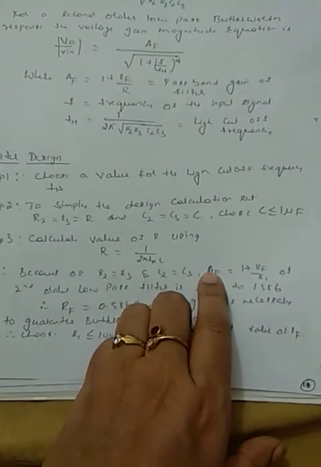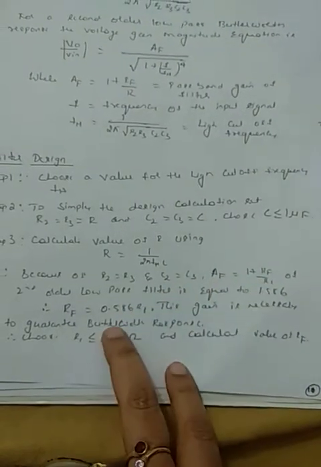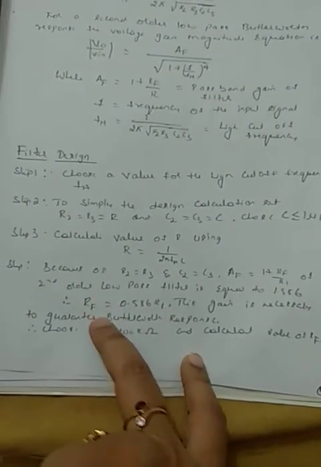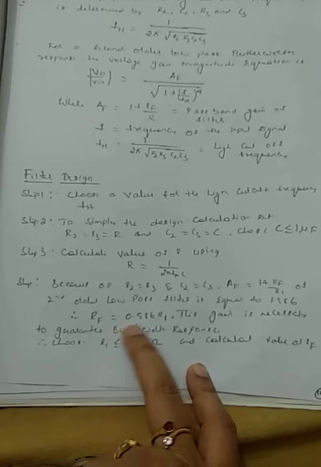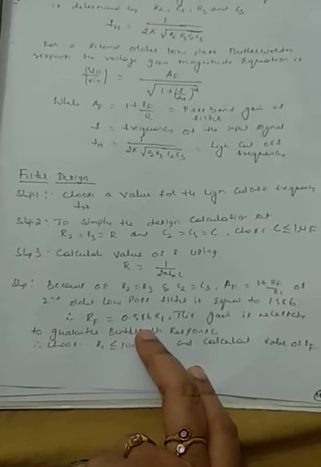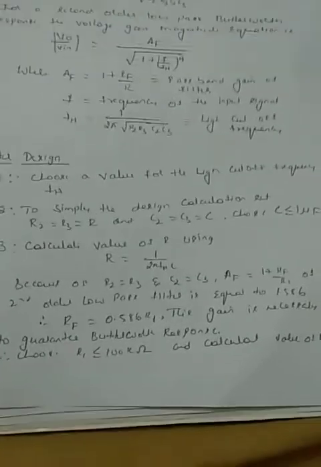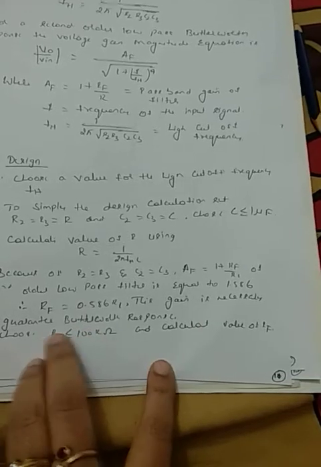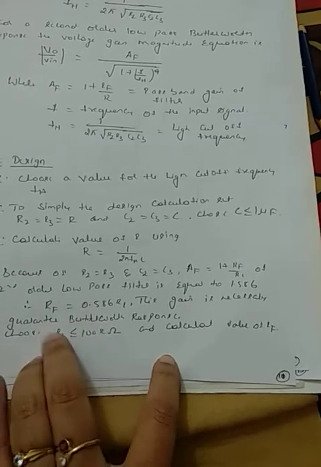So minus 1 is 0.586, that is RF will be 0.586 times R1. This is the necessary condition for designing the second order Butterworth filter, to guarantee the Butterworth response. Now choose R1 less than or equal to 100 kilo ohm and calculate the value of RF. R1 should be less than 100 kilo ohm, keep this in mind.